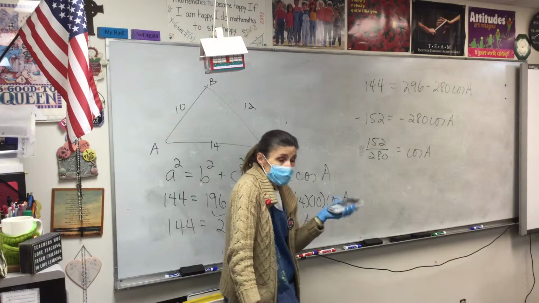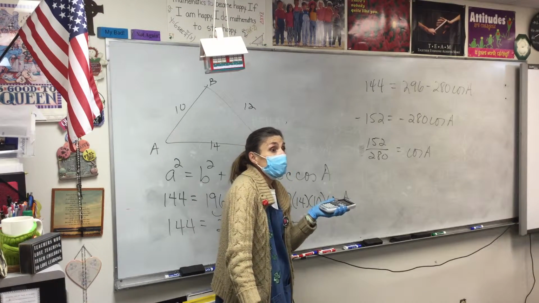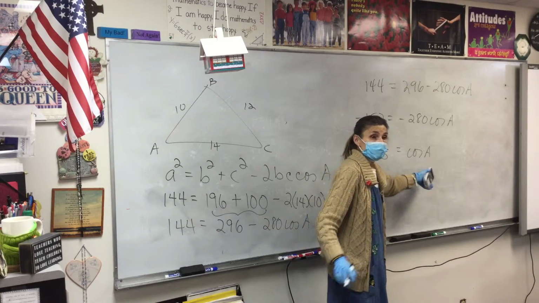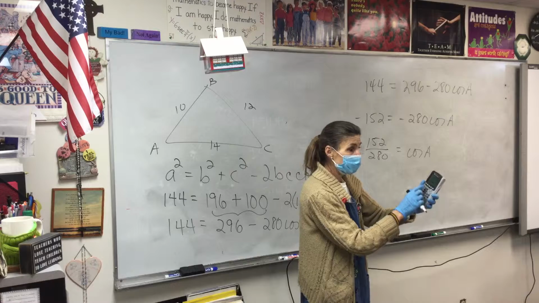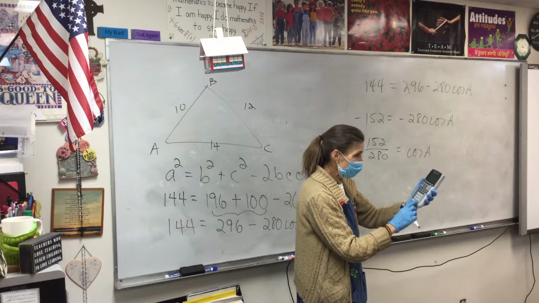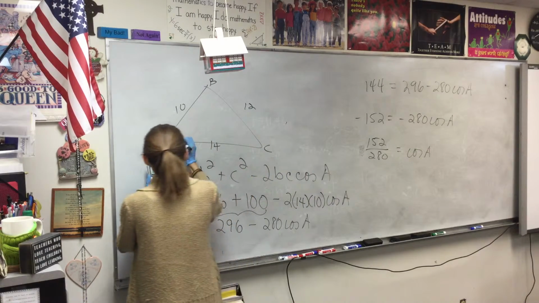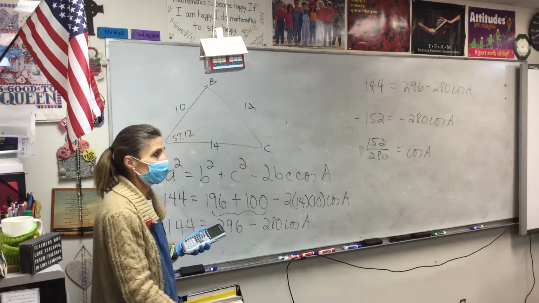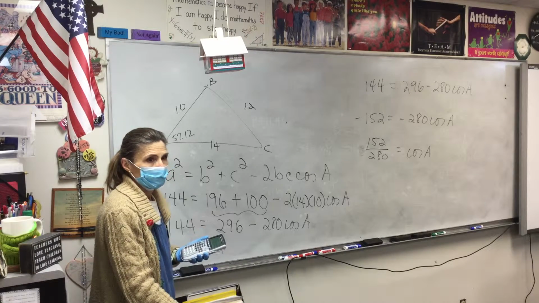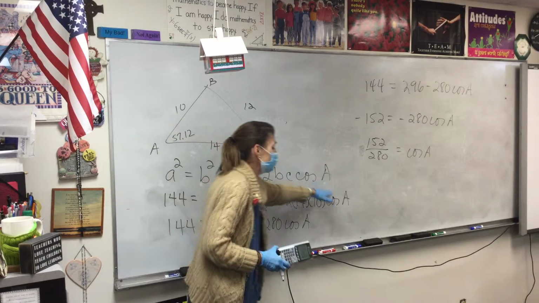Now, is that the answer, 0.54? No, that's the cosine. So what do we do? Second cosine, second answer equals, and angle A is 57.12. That's A, because that's what we solved for.